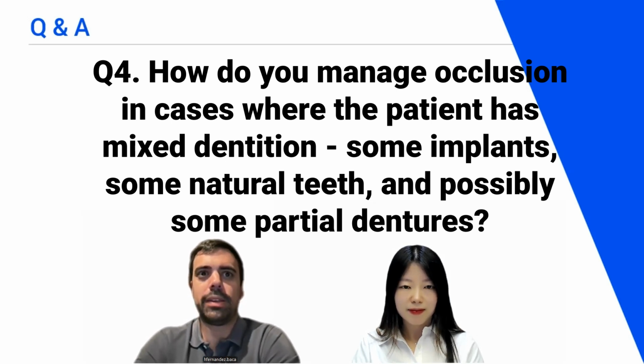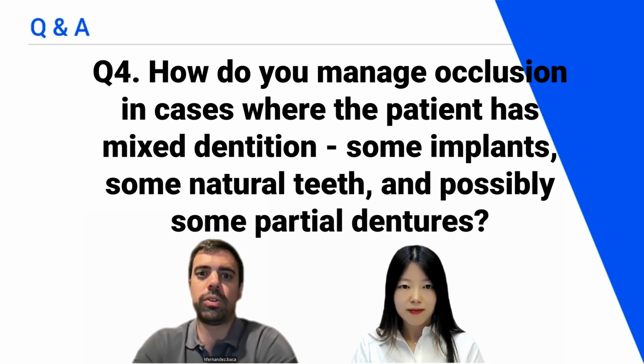But the best case scenario normally is a patient that doesn't have anything and needs a lot of work. If we're going to do all those things, then we need to think about the final occlusion. The final occlusion is slightly different in natural teeth compared to implants or dentures.